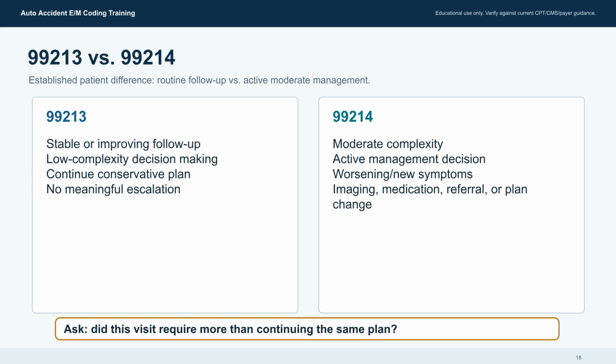That may include worsening symptoms, new neurological findings, prescription medication management, imaging review, treatment escalation, or specialist referral. A helpful question is, did this visit require a meaningful treatment decision beyond simply continuing the same plan? If yes, and the documentation supports moderate complexity, 99214 may be appropriate. If not, 99213 may be more appropriate.